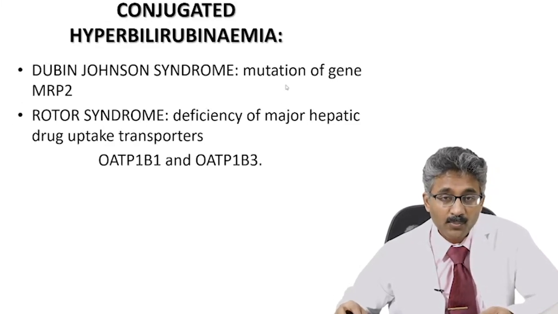Dubin-Johnson syndrome, because of mutation of gene MRP2, and Rotor syndrome. These two are the syndromes where there is conjugated hyperbilirubinemia. These two are not very serious conditions, so don't have to worry too much about these two syndromes.